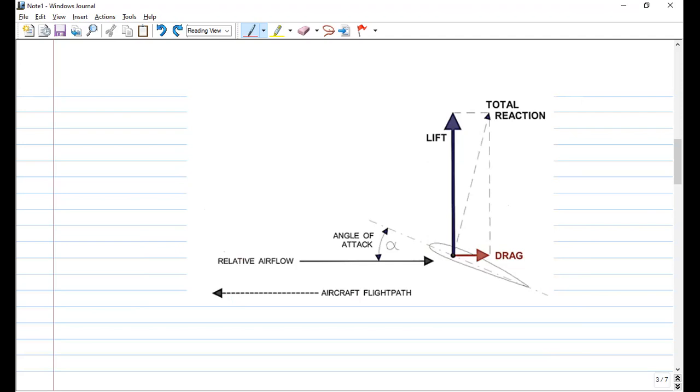So, it varies with regards to different flight characteristics ng isang aeroplano. So, angle of attack, the angle formed between the chord line of the airfoil and the relative airflow, yung hangin na tumatama doon sa ating airfoil.